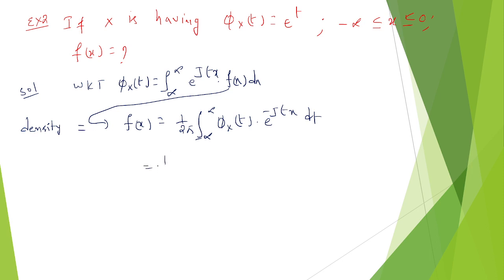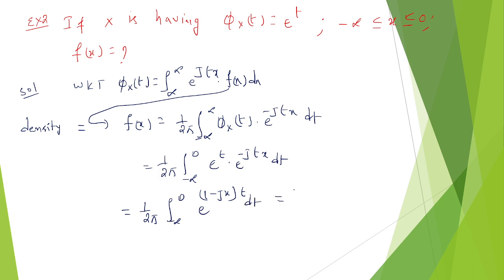Substituting the limits from minus infinity to 0, with phi x of t equal to e power t and e power minus jtx dt, I take the common factor: 1 by 2 pi, the integral from minus infinity to 0 of e power 1 minus jx times t dt. This equals 1 by 2 pi times e power 1 minus jx t divided by 1 minus jx, from minus infinity to 0.